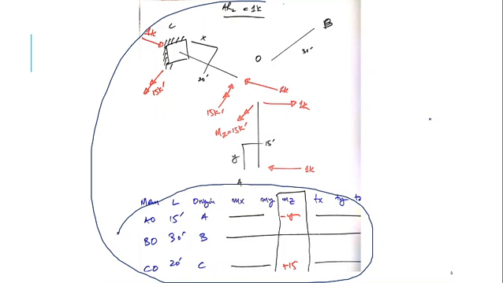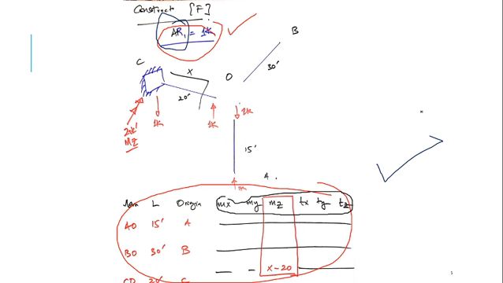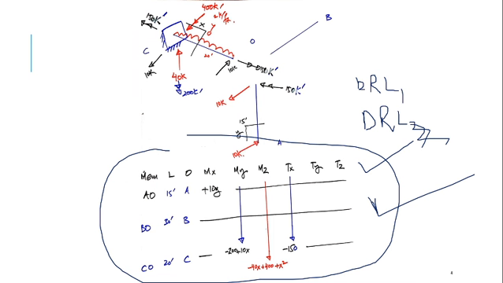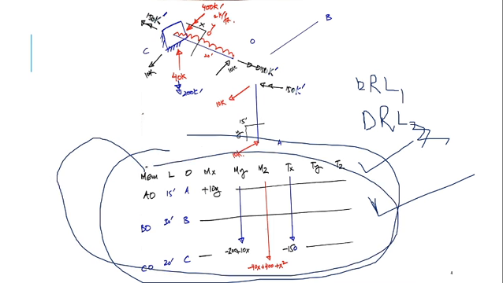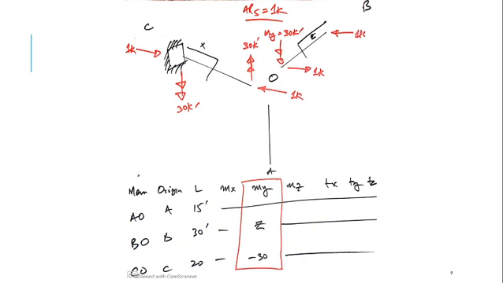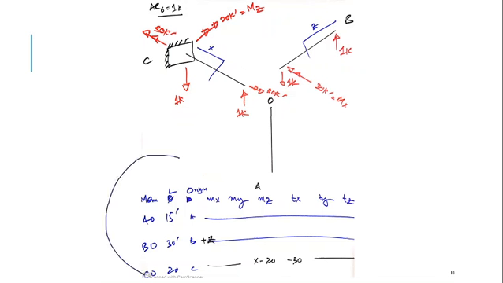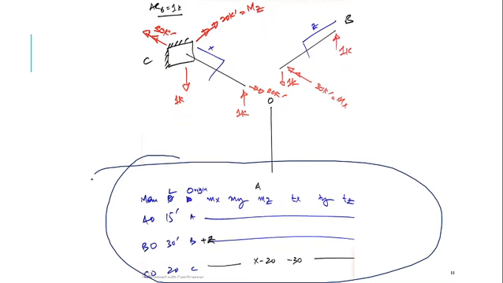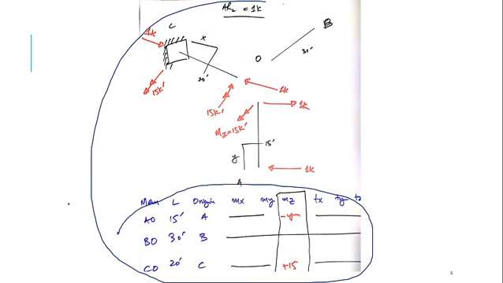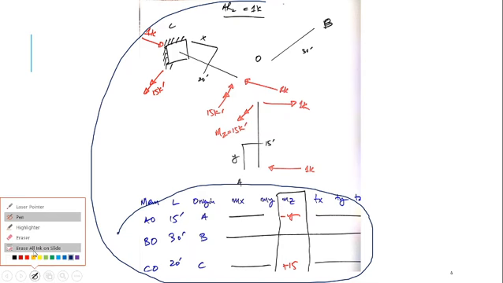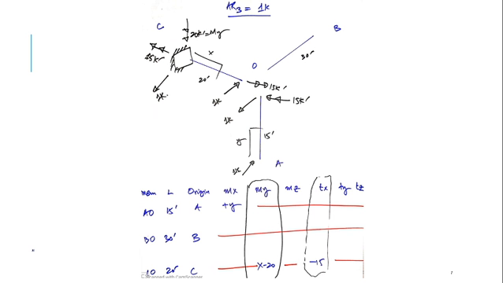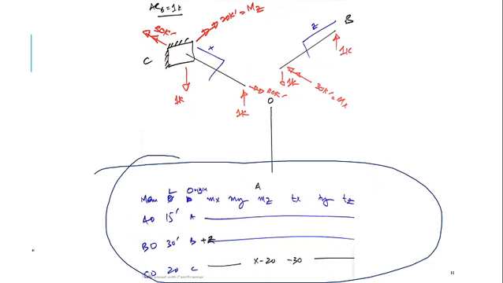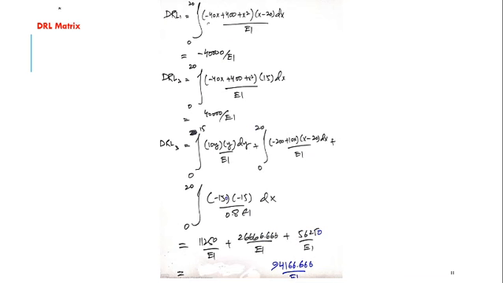Similarly, moving on, for DRL6, you will have to multiply these table values with DRL here. Following this approach, I've been able to develop all the values here: DRL1, DRL2, DRL3.